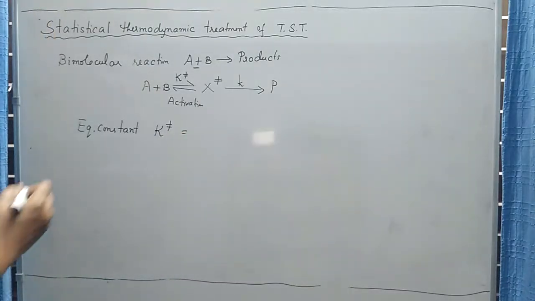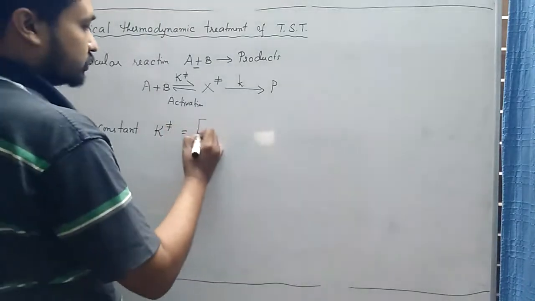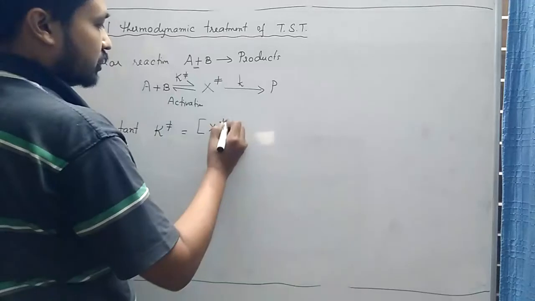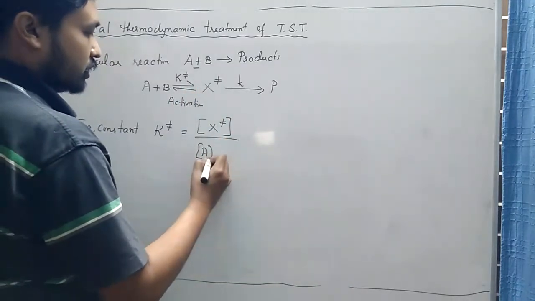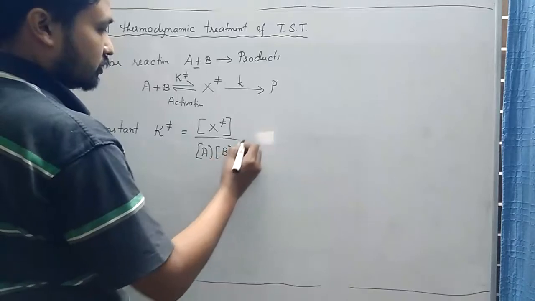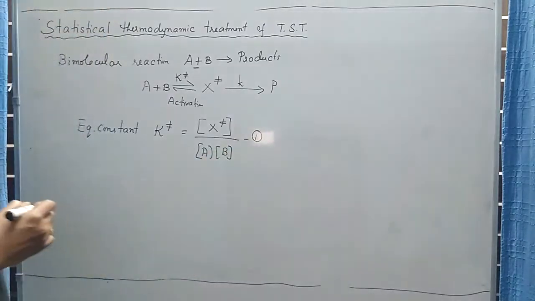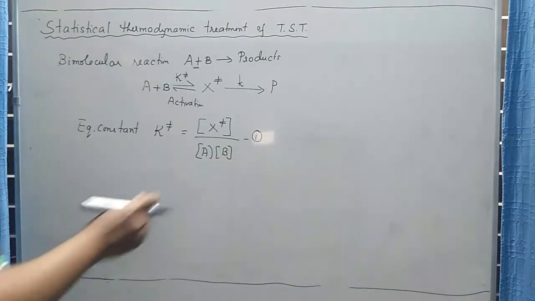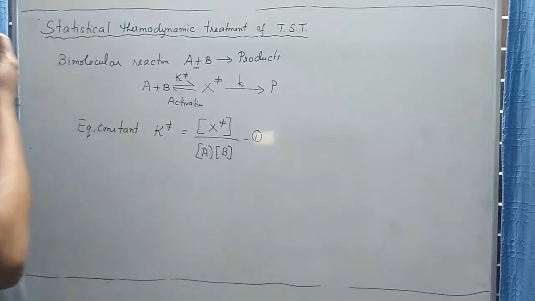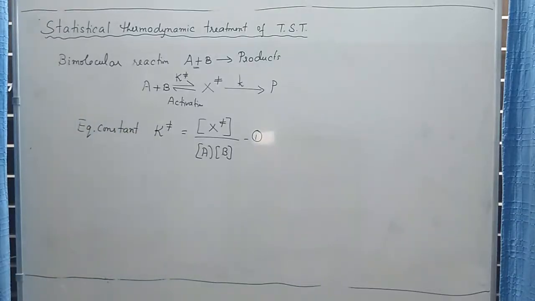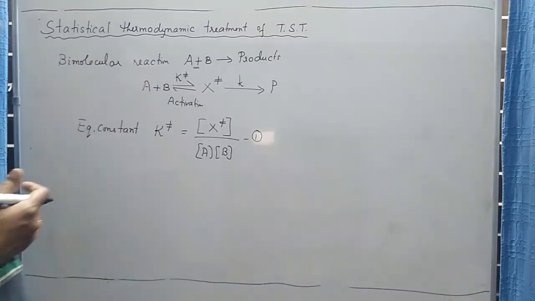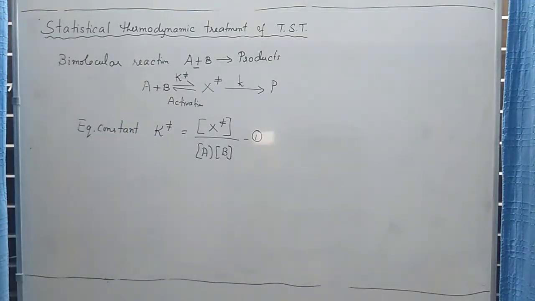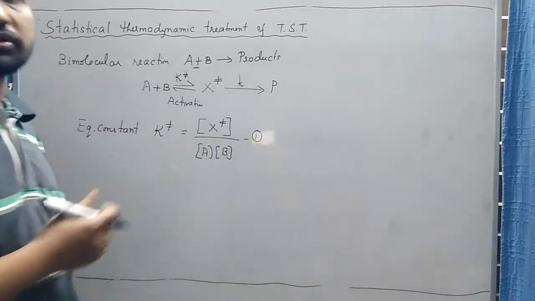How do you define the equilibrium constant? It is the concentration of the activated complex divided by the concentration of the reactants. Please remember that this expression for the equilibrium constant is applicable only for reactions in the gas phase or for dilute solutions. For concentrated solutions we cannot use concentration; we have to use activities.